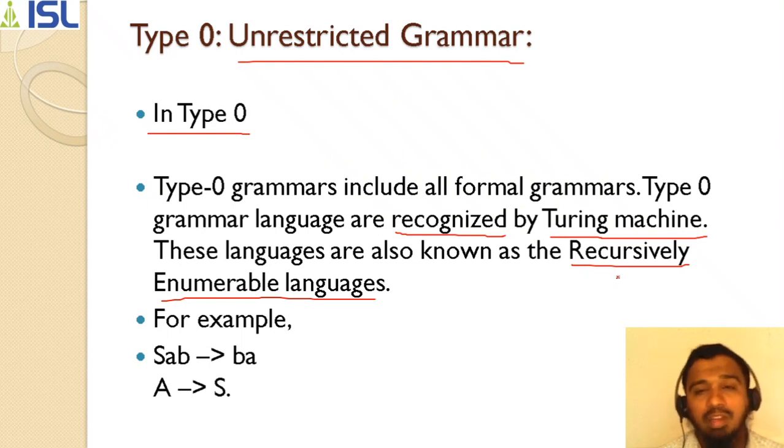What will happen in the recursively enumerable language? It will accept all the strings that are available in the language L, and the rest of the strings which are not in the language will be removed.